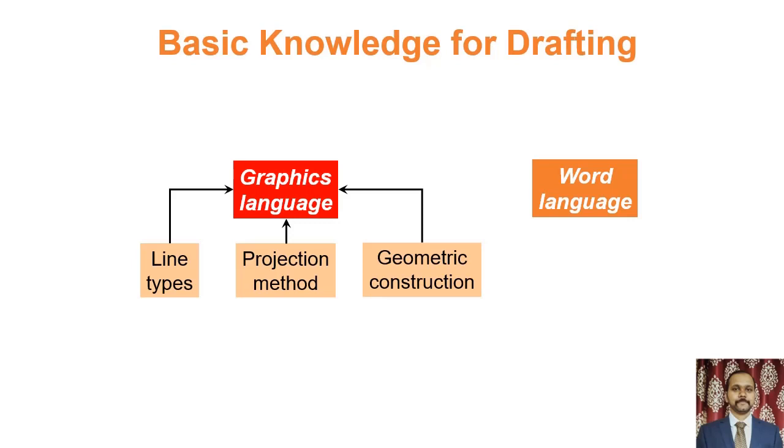These lines, projection methods, and geometrical constructions form graphical language. And word language is totally about the lettering, or whatever numbers show the dimension or size of that object. So lettering is included in word language. This is the basic drafting knowledge that requires graphical language and word language.